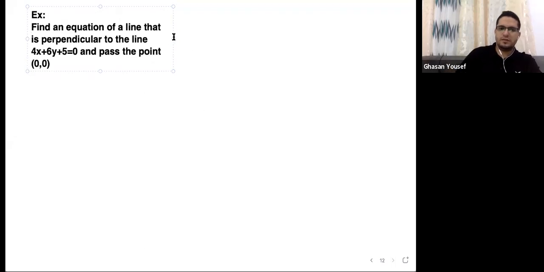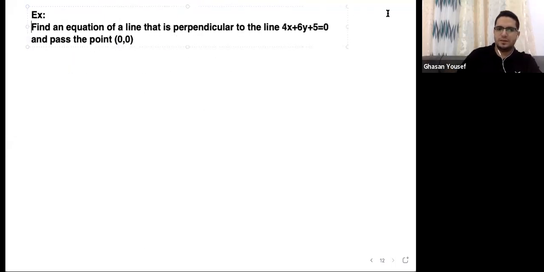Find an equation of a line that is perpendicular to the line and passes through the point 0, 0.